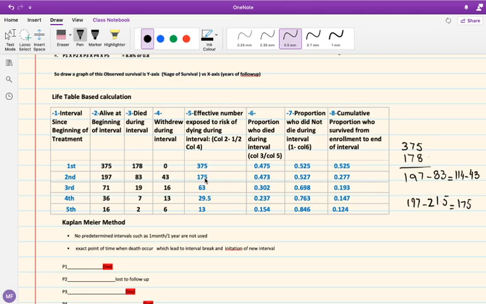So the number of individuals who have an effective risk of dying during the course of the second year is 175. All right, and so on the column goes till 13.